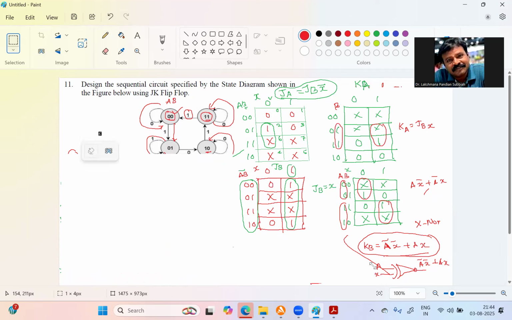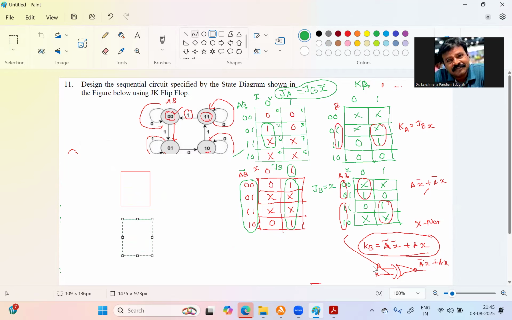Now we will draw the diagram now. JA. Okay. Next one JB. Right. So two flip flops.